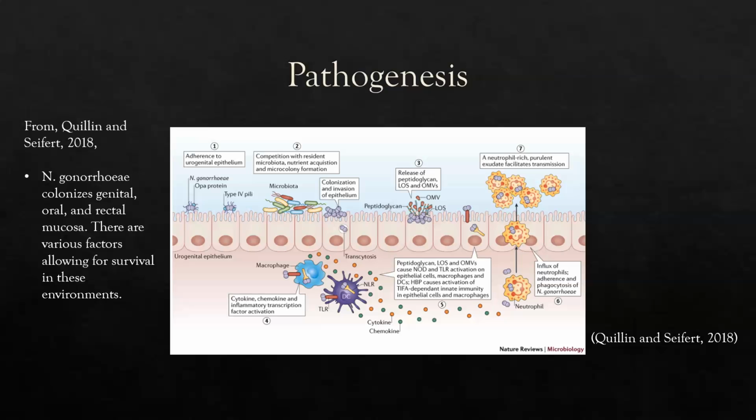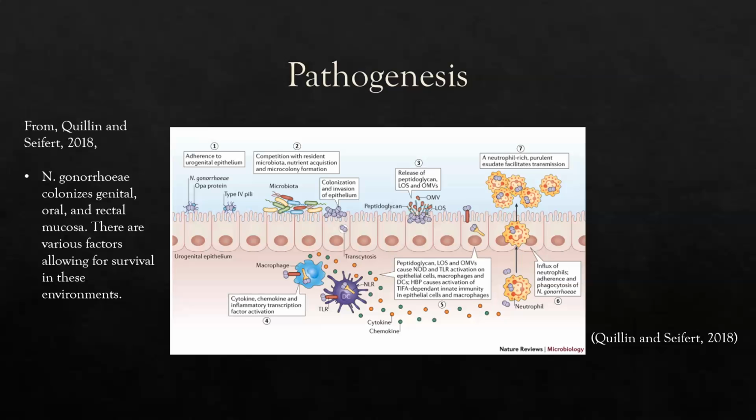Going on, around step 4, we see that our bacteria releases heptose 1,7-bisphosphate, HBP, which then activates our TRAF-interacting protein with the FHA domain-containing protein.